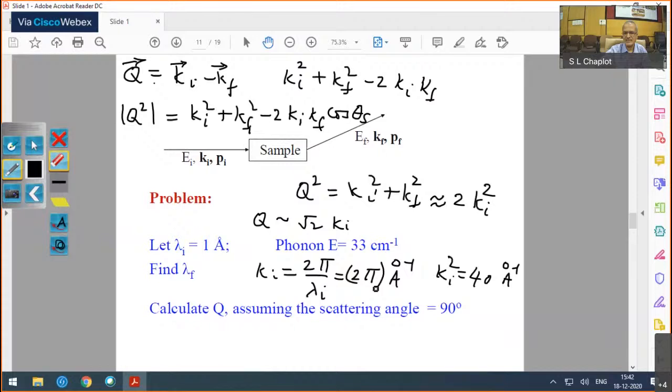If Ki is about 2 pi, that is around 6, and 6 multiplied by root 2 is about 9 angstrom inverse. So the value of capital Q is 9 angstrom inverse, for the situation where lambda is 1 and the energy transfer is as little as this. This is actually quite a high value of momentum transfer. Why I say high will come shortly in another problem.